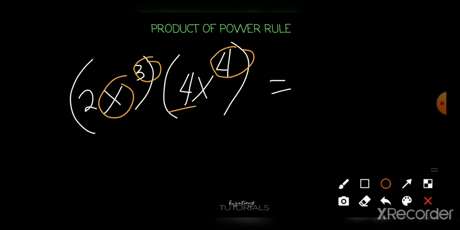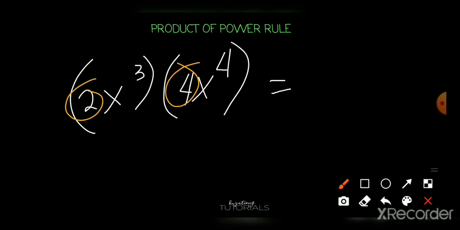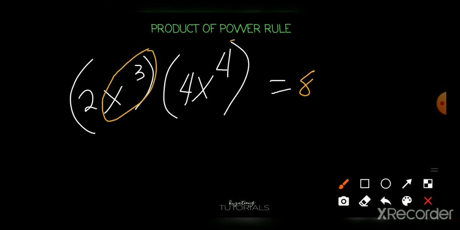So what do we do? First, we multiply the numerical coefficients, 2 and 4. 2 times 4 is 8. Then we have x cubed and x to the power of 4.